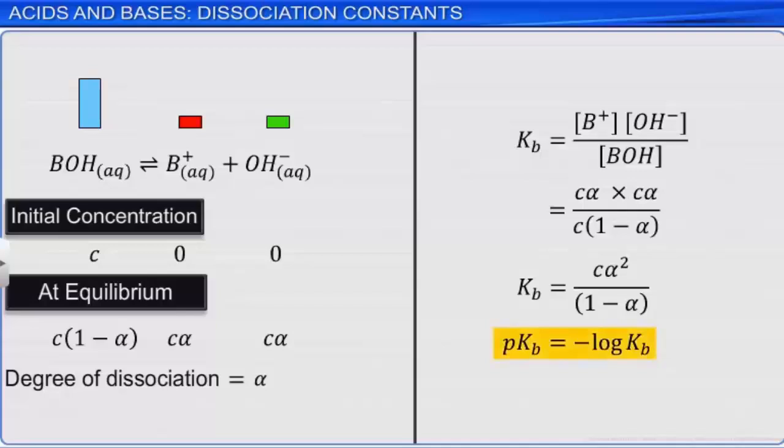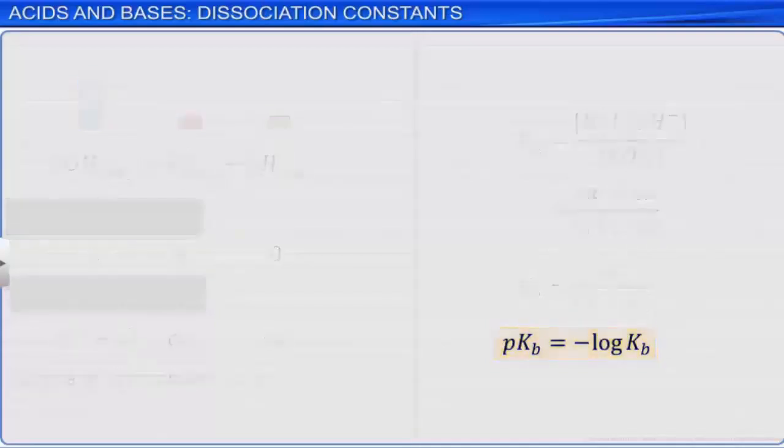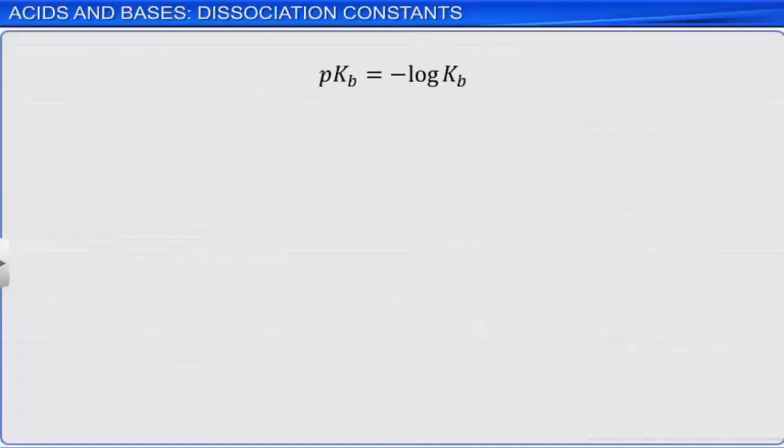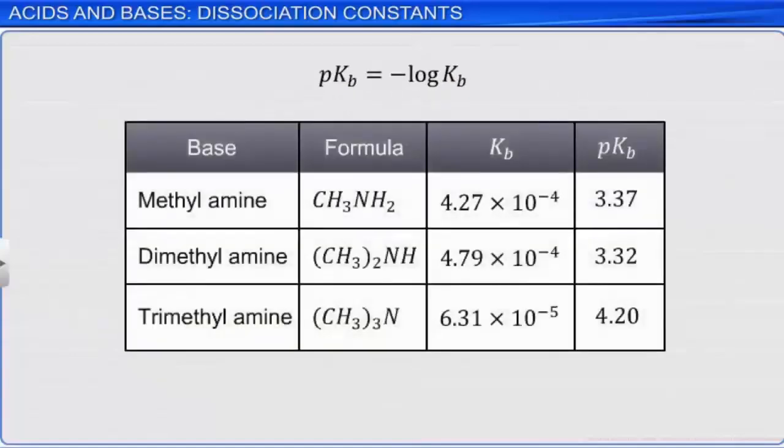The stronger the weak base, the higher the value of Kb, and the lower is the value of pKb. For example, among the alkyl amines, dimethylamine with a higher value of Kb and a lower value of pKb is the strongest base.